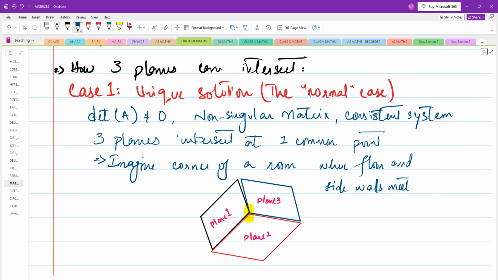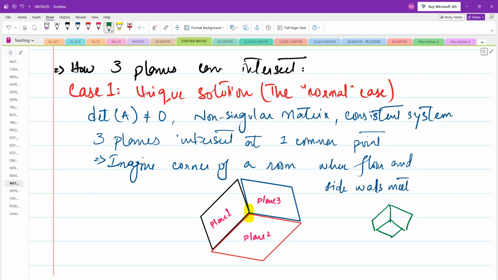The best example that I can give you in understanding how the three planes are interacting is to imagine a corner of a room where the floor and side walls meet. This is the floor of the room. This is one wall, and this is the second wall.